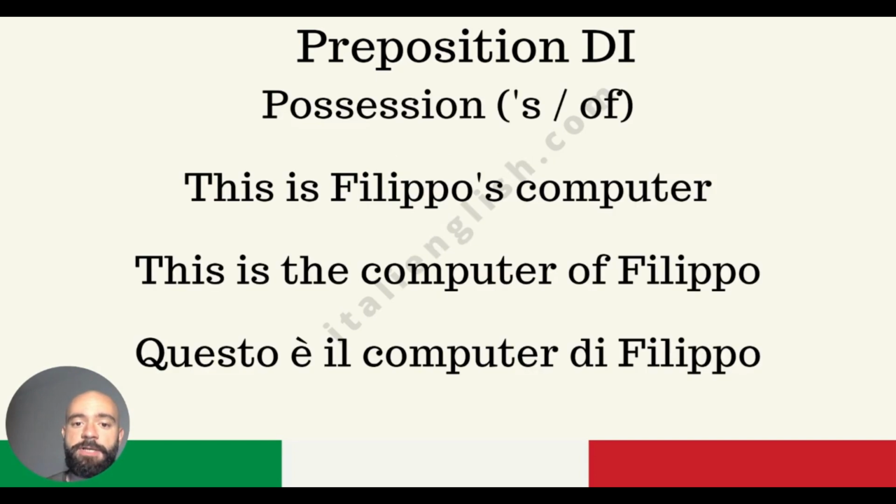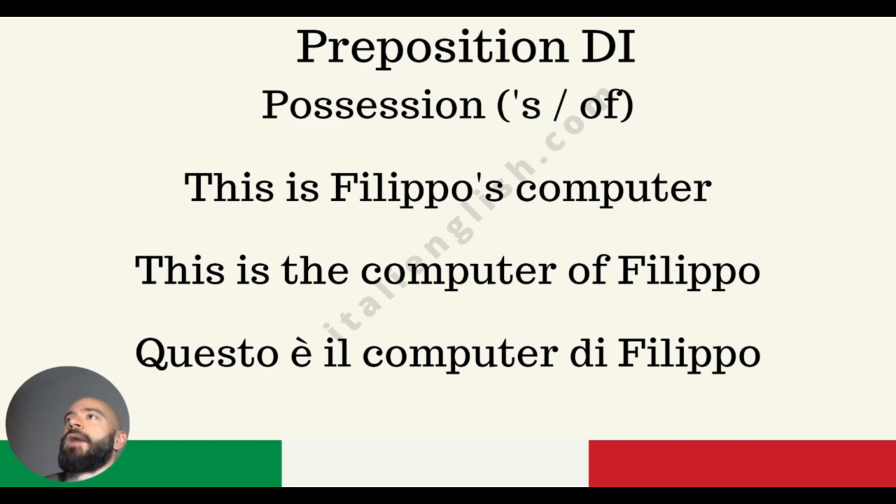Let's start with possession. So let's grab the sentence. This is Filippo's computer. We're gonna rephrase it. Okay, we're gonna say in English, this is the computer of Filippo. In italiano, it's gonna be questo è il computer di Filippo. Okay. Why did I put apostrophe s and of in the brackets here?